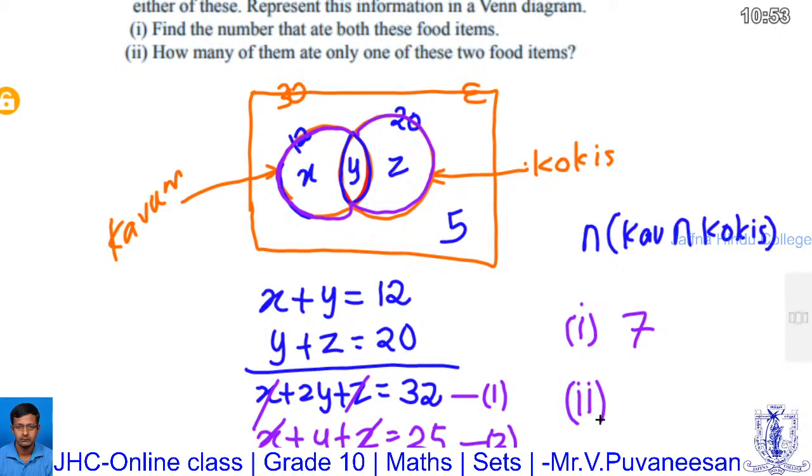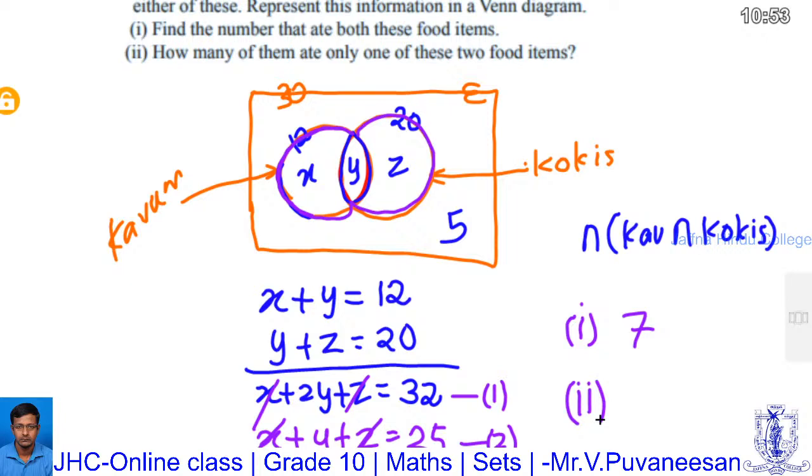Otherwise, you can find the 7 like this. If you add 12 and 20, that is x plus y plus y plus z, you get 32. This 32 contains 2 y's.